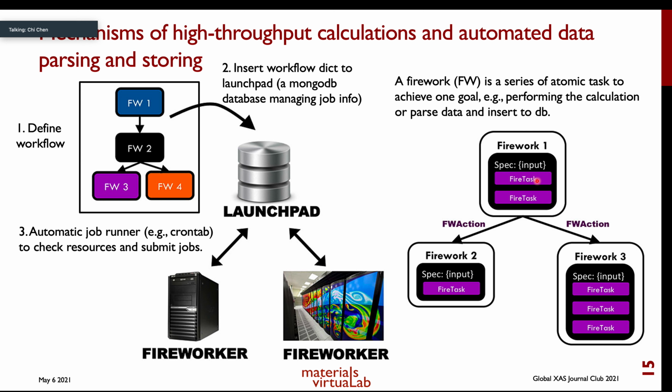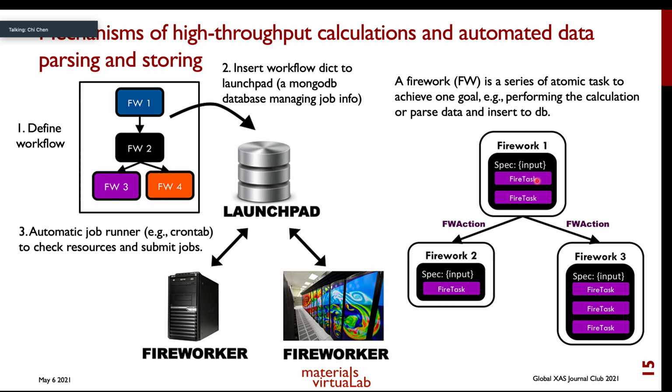So with all this in mind, we can establish the Fireworks calculation workflow. So this is how the high throughput calculations are conducted, with the automatic data parsing and storing. So you first define the workflow, and you can then serialize the workflow into a set of dictionaries, and then insert the workflow dictionary to a remote database, and your workers, the workers can be a local computer or it can be a supercomputer center.